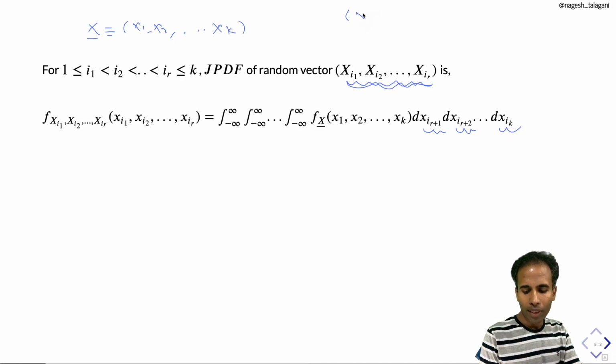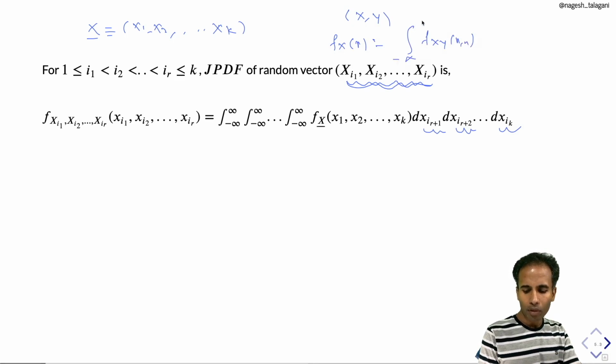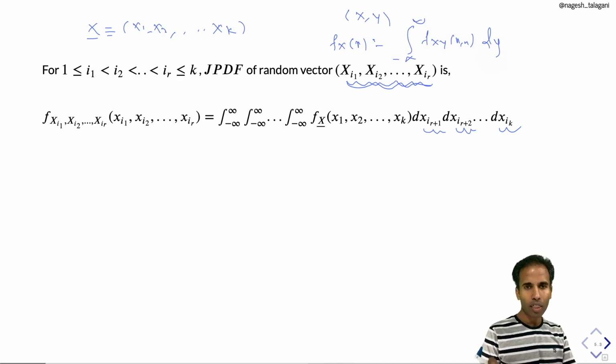In the bivariate case, to get the PDF of x, we integrated the joint PDF with respect to the remaining variable. Here also we are doing the same thing. To get the joint PDF of xi1, xi2, ..., xir, we are integrating the joint PDF of x under bar with respect to the remaining variables xir plus 1, xir plus 2, ..., xik.